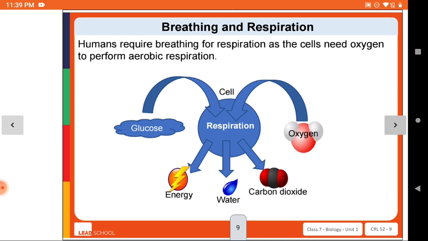Humans require breathing for respiration because both are interlinked: respiration works with oxygen, and oxygen is provided by breathing. Humans need breathing for respiration as the cells need oxygen to perform aerobic respiration.